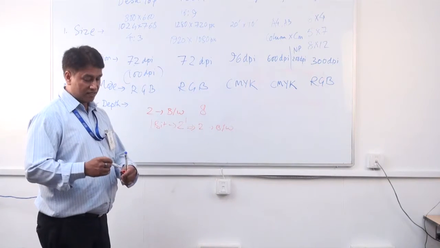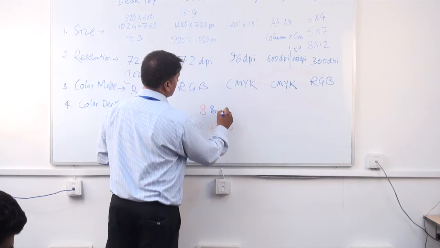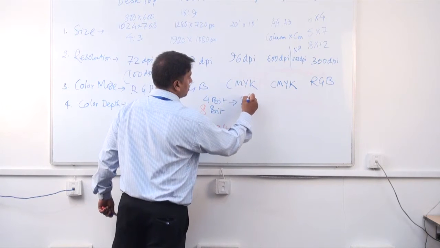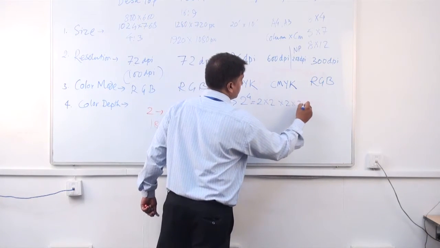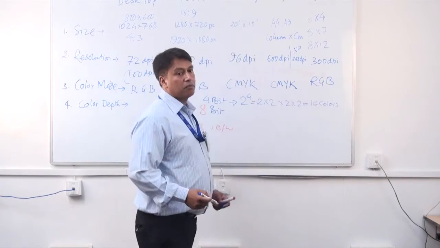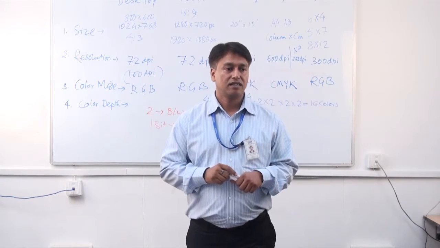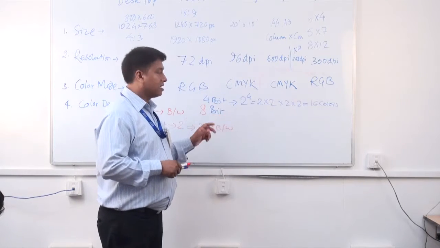If you have a 4-bit image, it will have 2 to the power 4, that means 2 into 2 into 2 into 2, 16 colors. When you boot your machine in safe mode, it shows 16 colors. That is 4-bit.